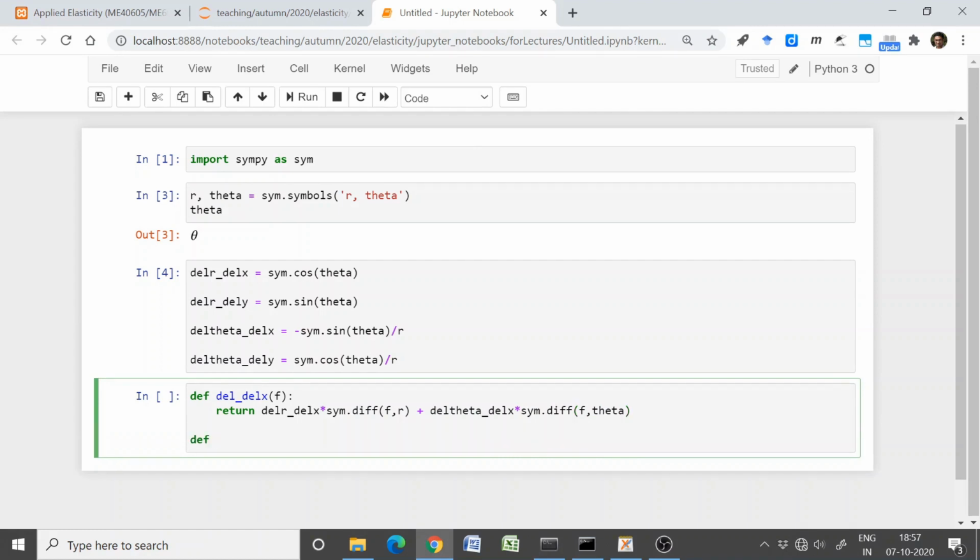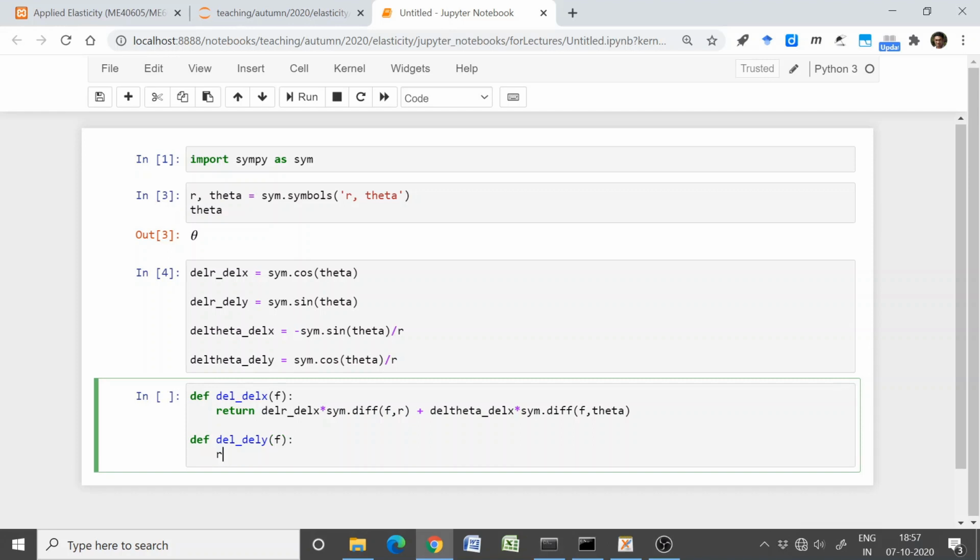Next, in the same input cell, we can set up our second operator definition, which is del y of f, and for this we'll have del r del y times sim dot diff f comma r plus del theta del y times sim dot diff f comma theta.